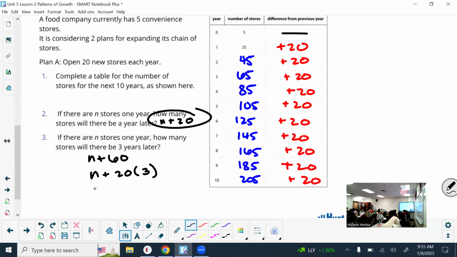You could also say it like this, N plus 20 plus 20 plus 20, because that would be you doing it for a total of 3 years. All of those are acceptable. Really one is more simplified, but all of those are saying the same thing. Questions on that?